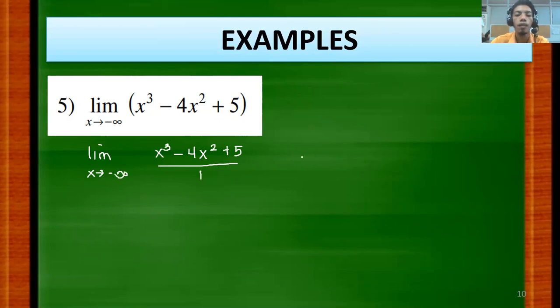This time, our steps are still the same. We are going to determine the highest power of x, which is x cubed. Divide x cubed into all terms.